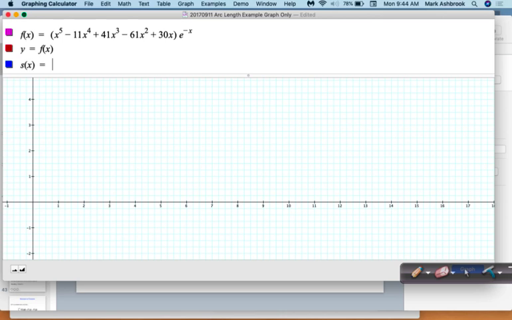Could you write a function that would give arc length as a function of x of the function f? He wants the arc length to be the square root of 1 plus rf of x squared.